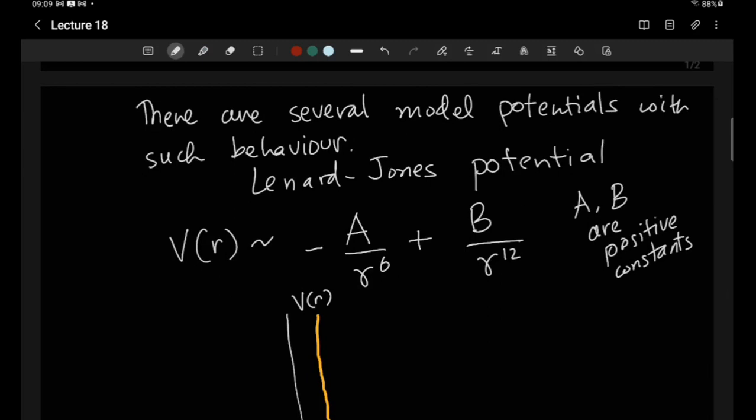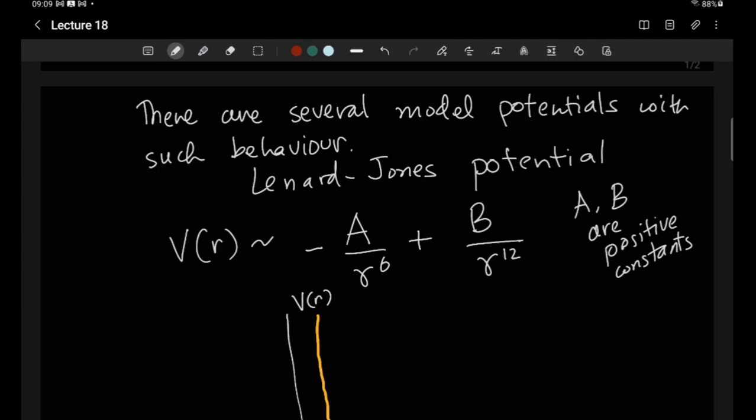You can work out those things. If you look at the potential for a charged particle, it's 1 by r, and if you take a dipole, it falls off as 1 by r square. You will never get 6 and 12 that way. But there is some logic.